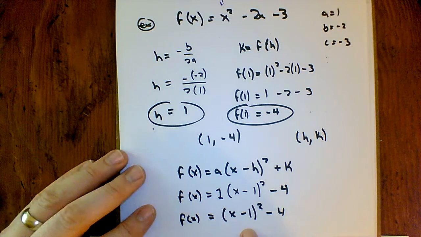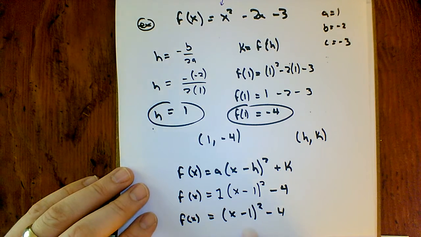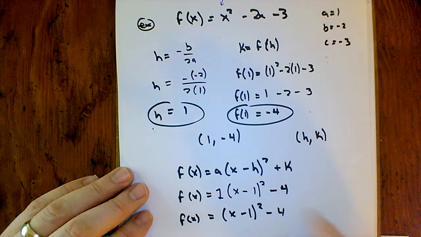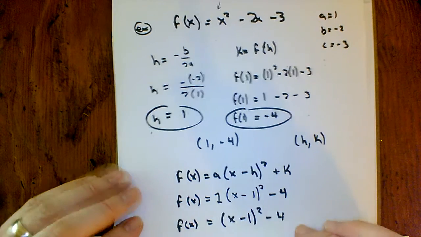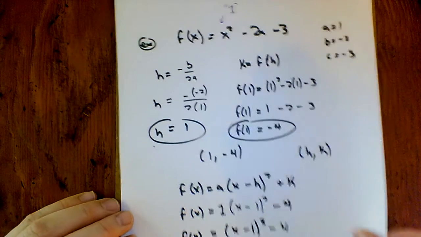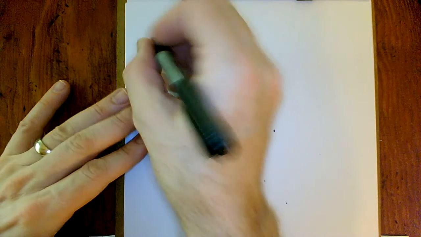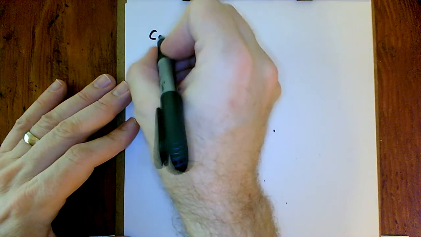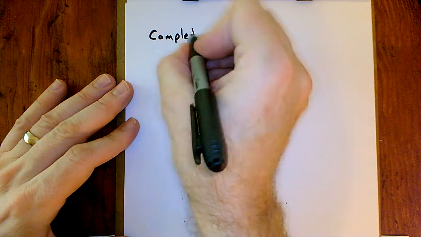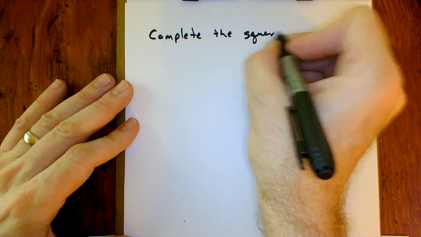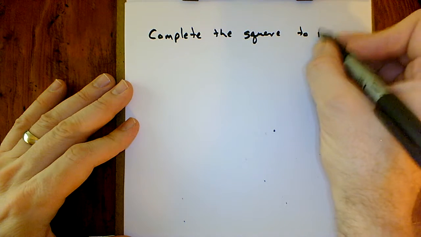I did promise you I would show you another way of finding your vertex, and that's actually pretty straightforward as well. With this, we're just going to complete the square to find the vertex.